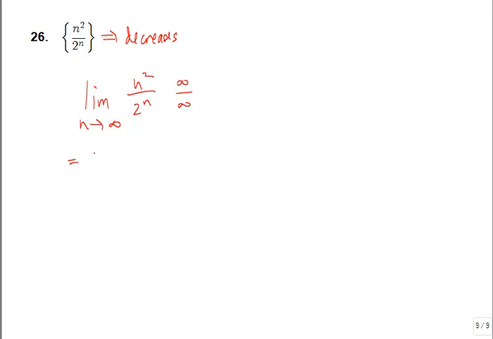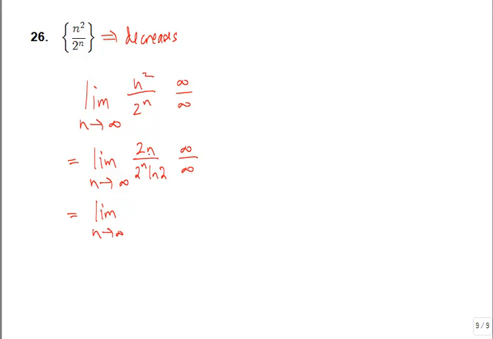So we can take the derivative of the top and the bottom, and the derivative of n squared is just 2n. The derivative of 2 to the n is 2 to the n back again times ln of 2. If I plug in infinity now, 2 times infinity stays infinity, and 2 to the infinity is going to be infinity as well. So it's still that indeterminate form, so let's apply L'Hopital's rule again.